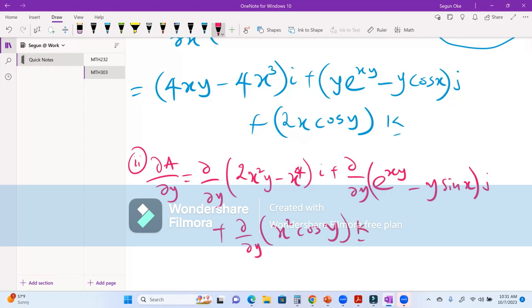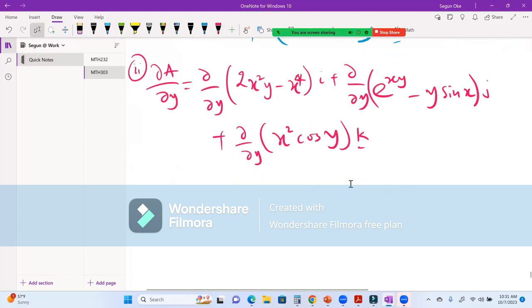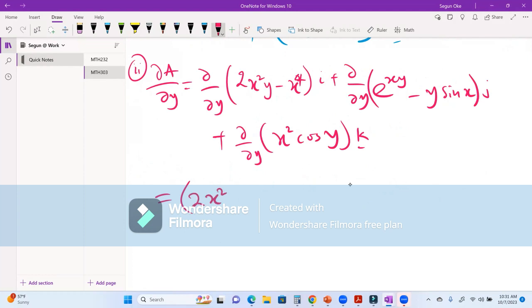So what do we do? In this case, your focus, they said dA dy, meaning you are to differentiate with respect to y all through. Any other x will be constant. So what is the first one for i? It's going to be 2x squared i. Do you agree with me?